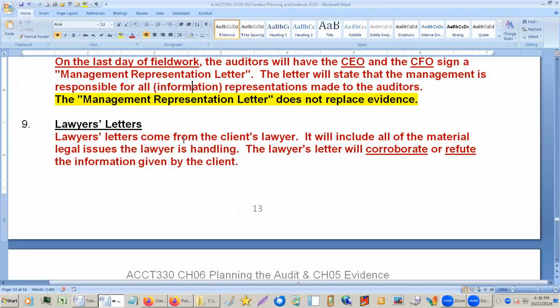Especially with large companies, you can imagine someone like Walmart probably gets dozens of lawsuits every day. You can imagine what it's like to pour through that and see what's material and what's not. So it's perfectly standard to ask, how much is it? What are we talking about as far as material? You'll work that out with the client, but again, this is not the same as materiality for your audit. It's usually much lower than that.